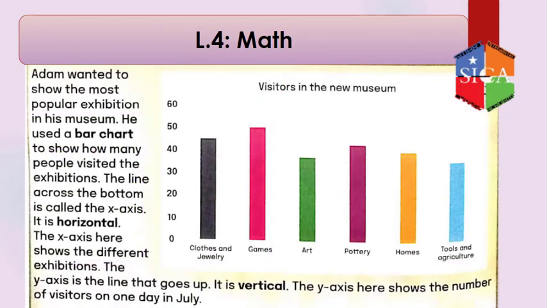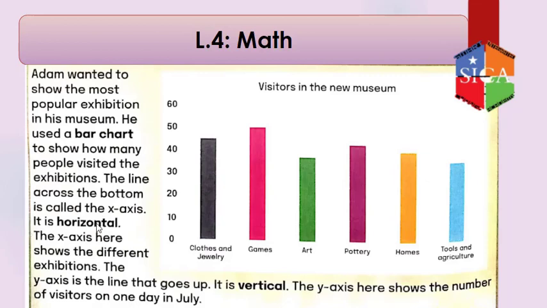So, here, this is a piece of the text about bar chart. Adam wanted to show the most popular exhibition in his museum. He used a bar chart to show how many people visited the exhibitions. The line across the bottom is called the x-axis.